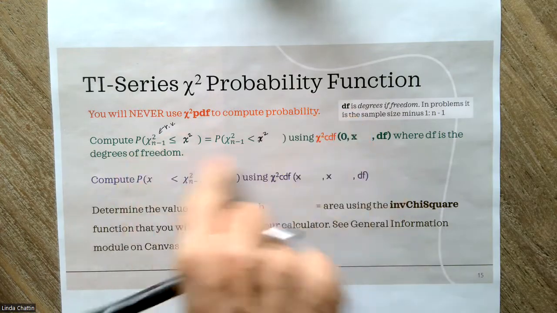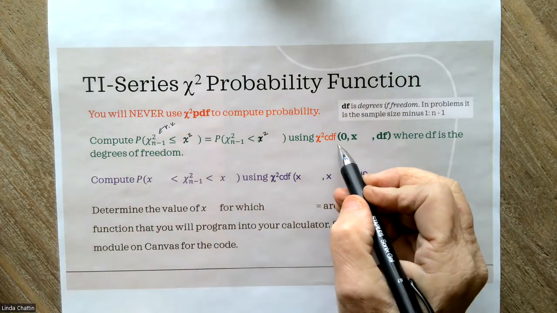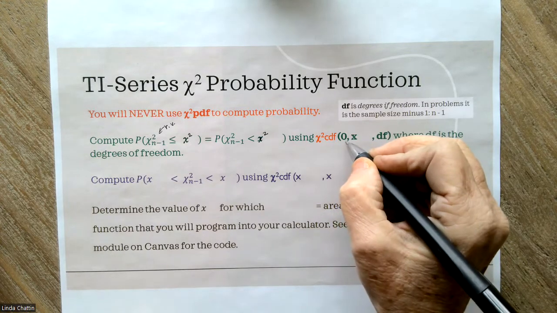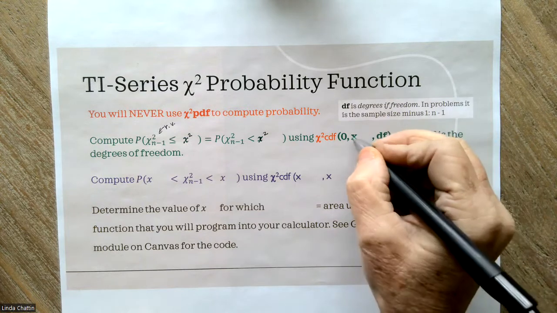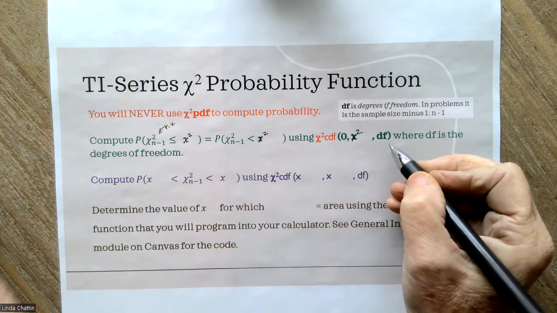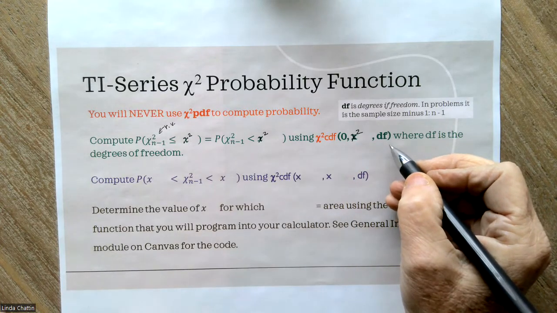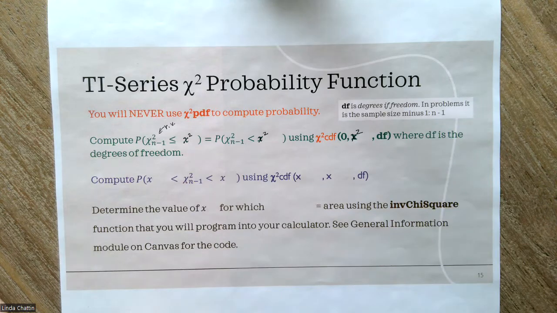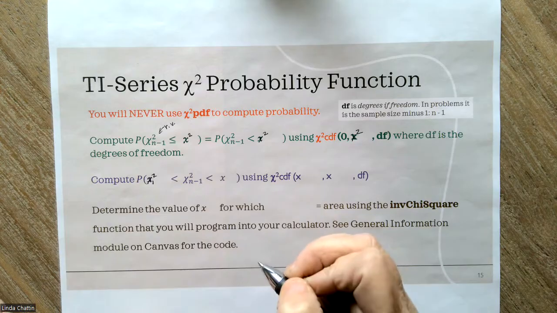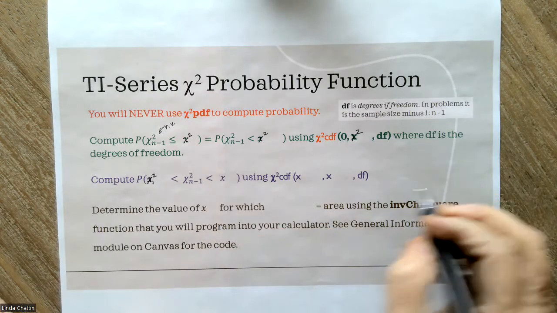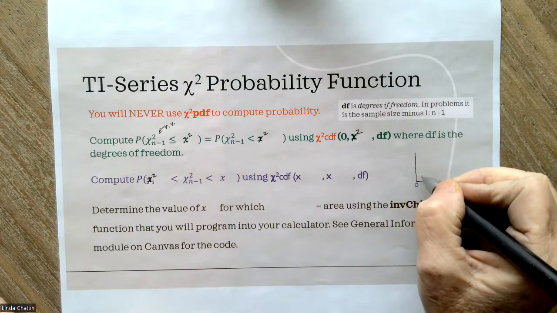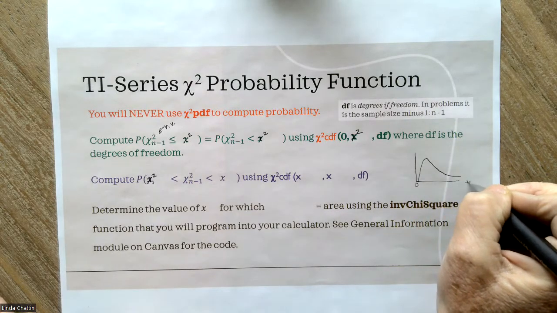So if I wanted to do this probability, I can use the chi-square CDF, and I would integrate from the lowest value, because I can only go down to 0 on a chi-square, up to this value of chi-square that I'm interested in, and then the other argument is going to be the degrees of freedom. If I wanted to compute the probability that I was between, say, one value on the chi-square distribution up to another: suppose here's 0 and here's my chi-square distribution and it goes to infinity.